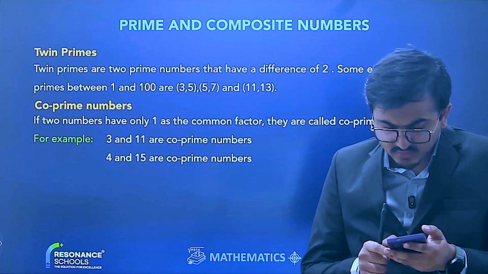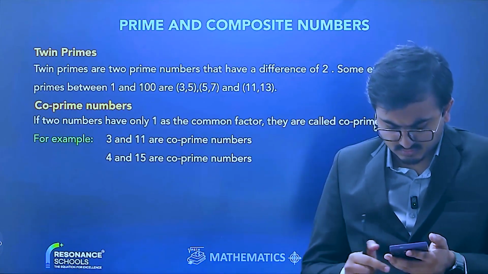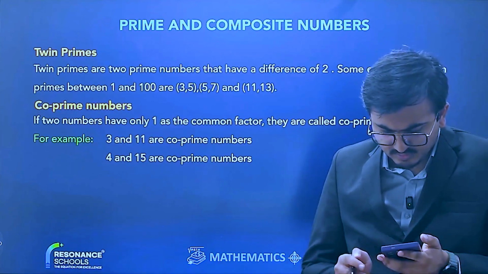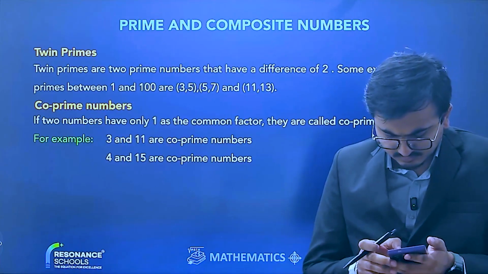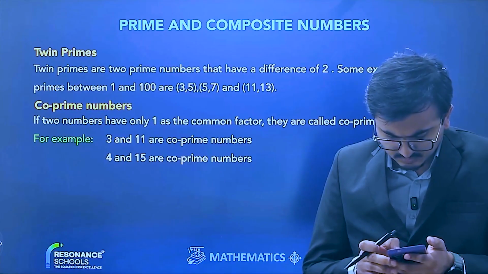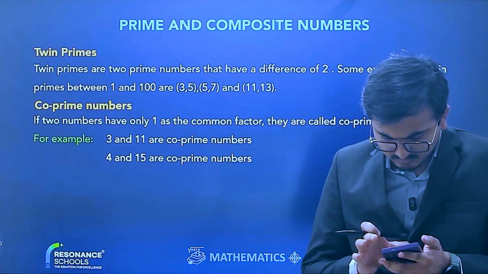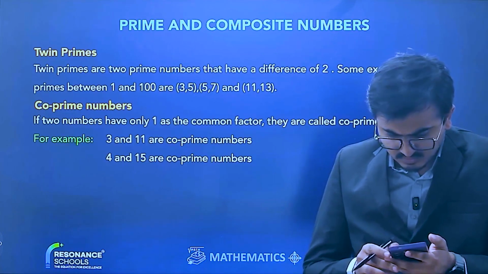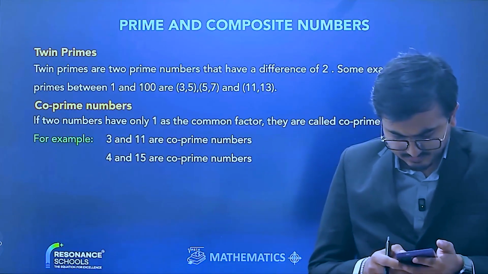Abhiram, what is that link which you have shared? 16 and 17 co-prime, no. 71 and 73 are co-prime, yes.